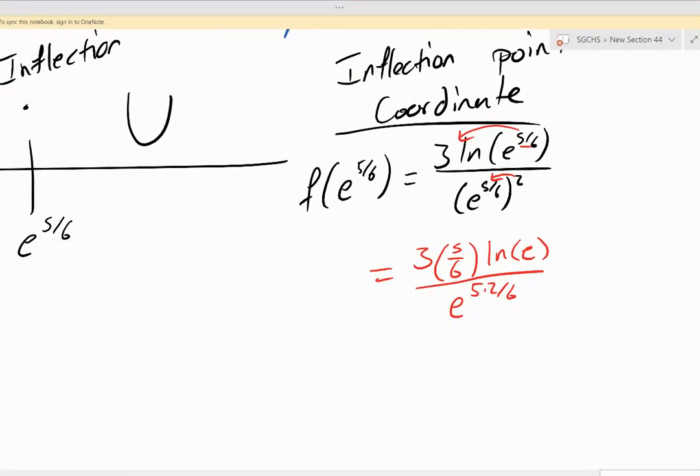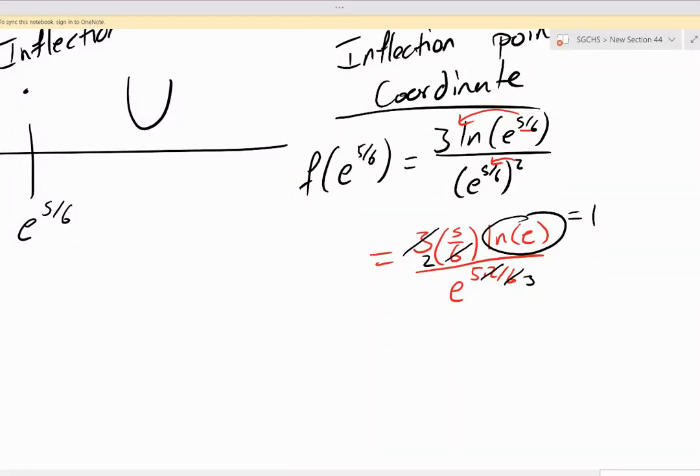And then from there we can simplify and solve. So this is 1. This cancels out and becomes 5 over 2. 2 divided by 6, that gives me 3 in my denominator.